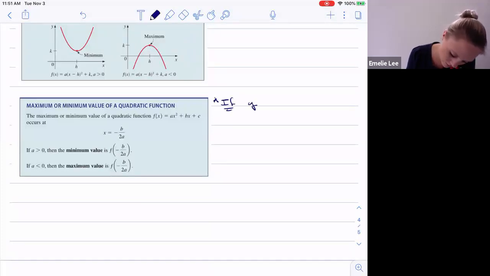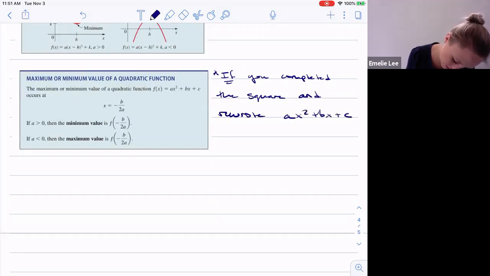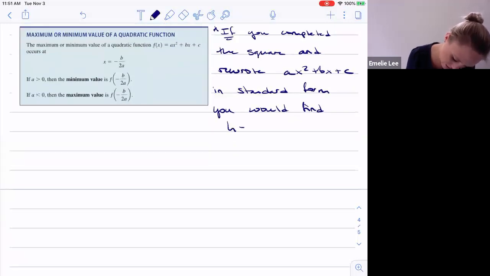If you completed the square and rewrote ax squared plus bx plus c in standard form, you would find h is equal to -b over 2a.